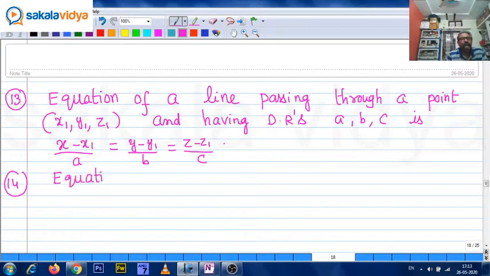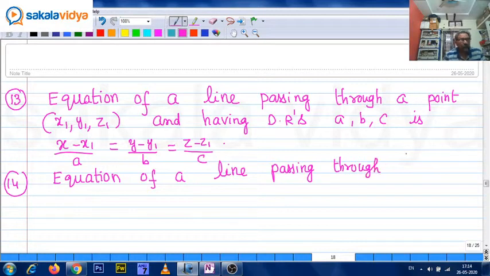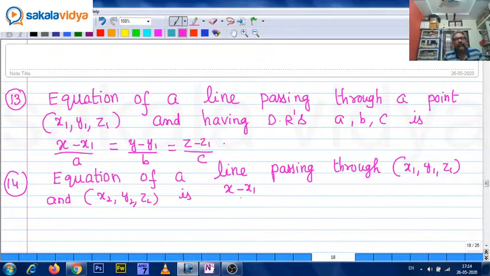Equation of a line passing through x1, y1, z1 and x2, y2, z2 is x minus x1 by x2 minus x1, because x2 minus x1 is A, the direction ratio, y minus y1 by y2 minus y1, and z minus z1 by z2 minus z1.